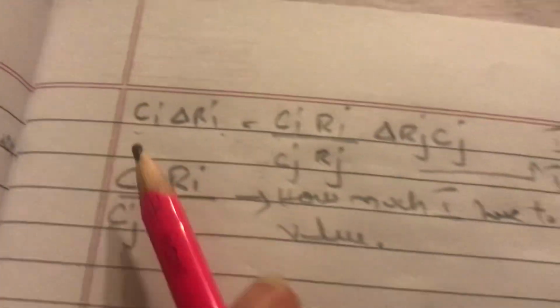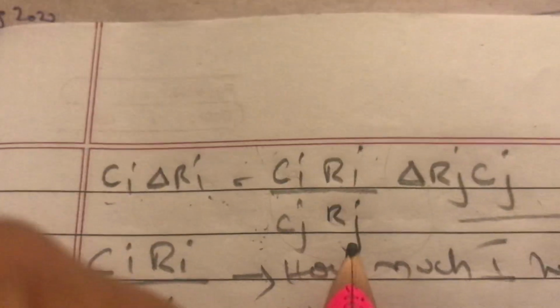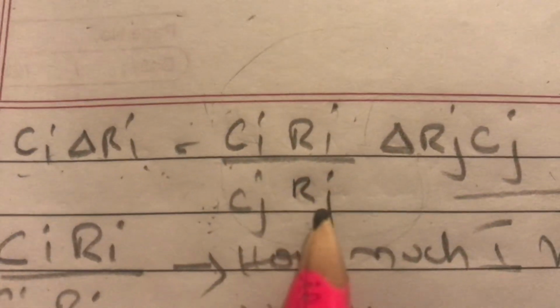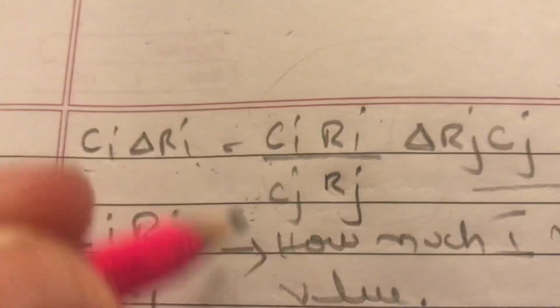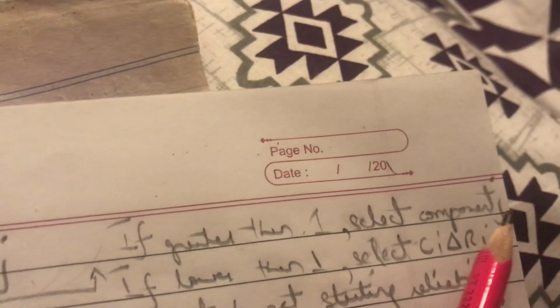Now the conclusion is that if it is greater than 1, then we have to select the component j. That means if this value, Ci and delta Ri, is greater than 1, we have to select the component j.